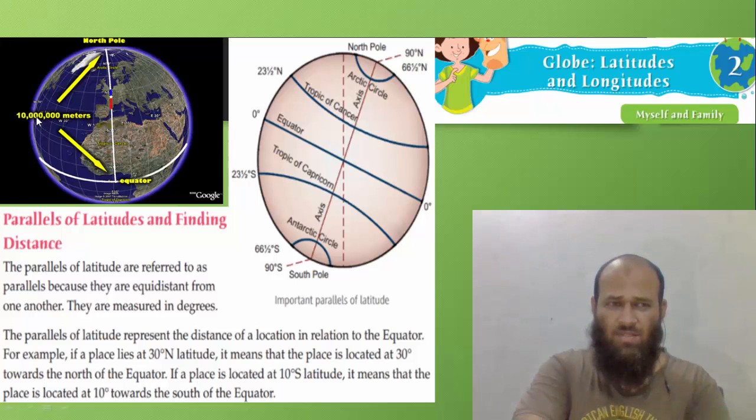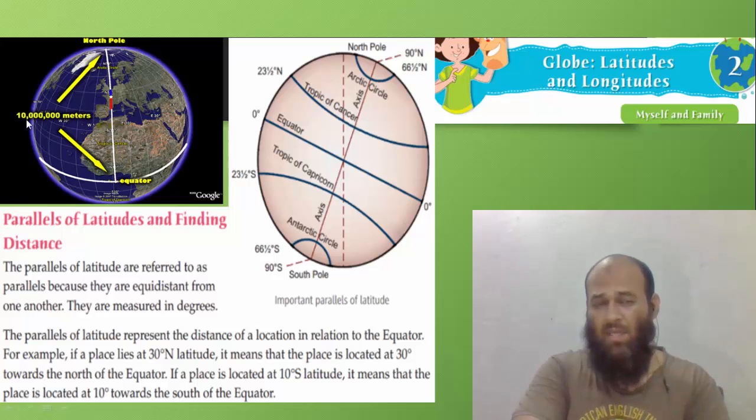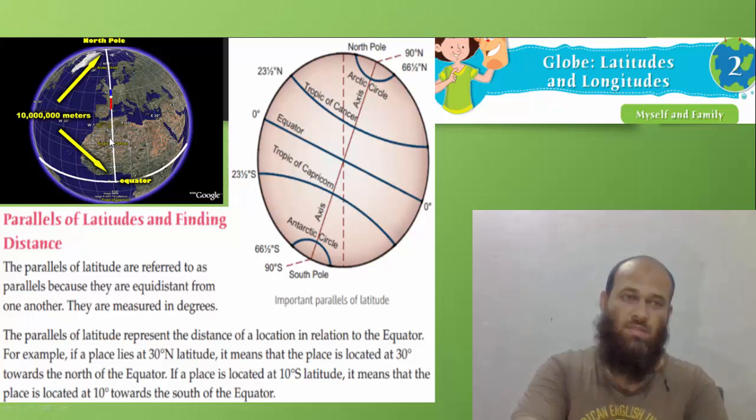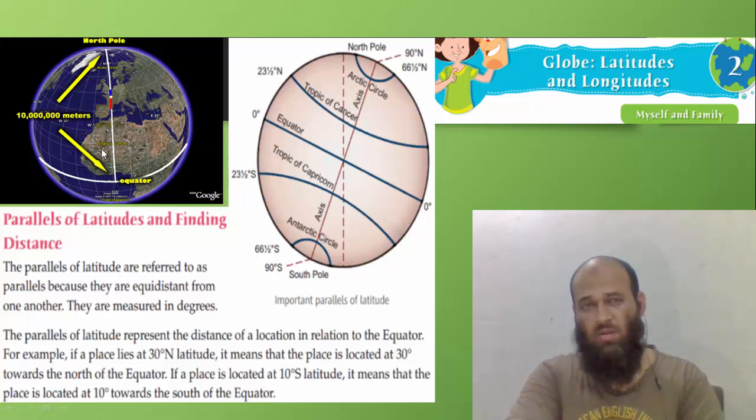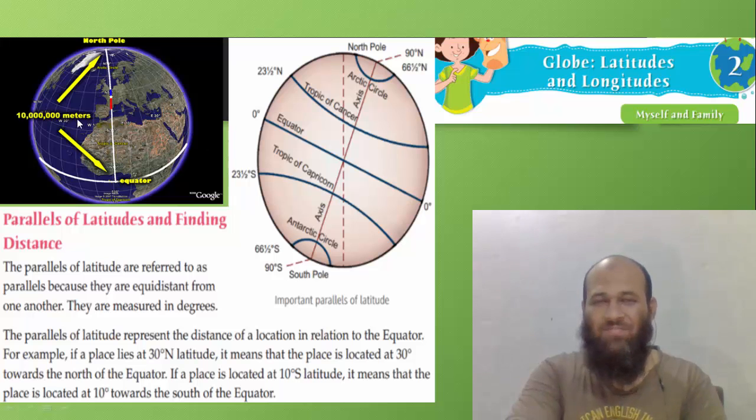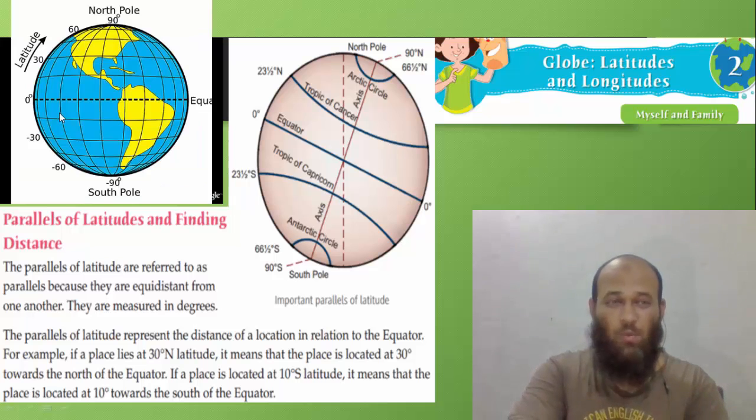You need 10,000, 100,000, 1 million and 10 million. Of course, it's 10 million meters, roughly 10,000 kilometers. Is it 10,000 or more? Find it out. How many kilometers will this be?